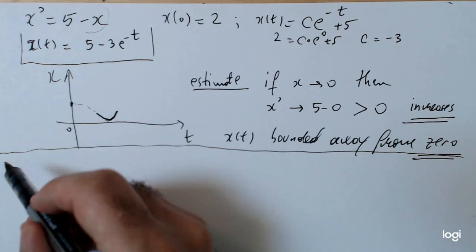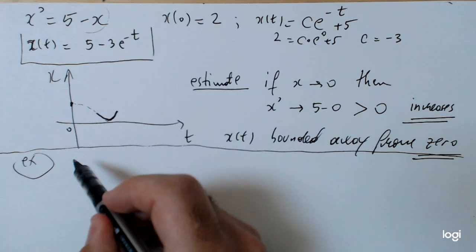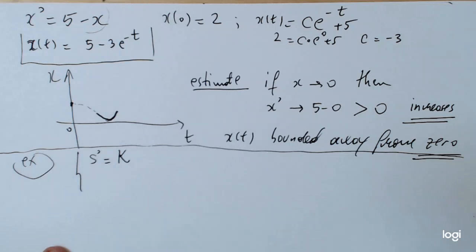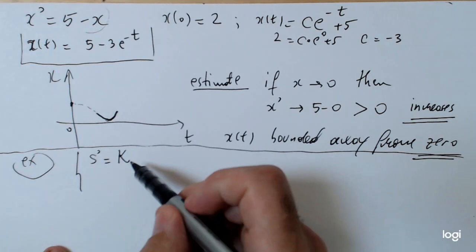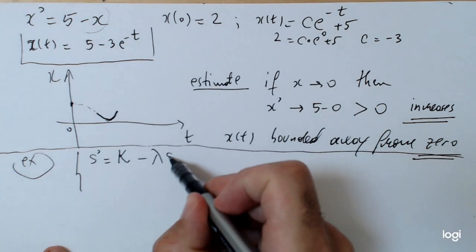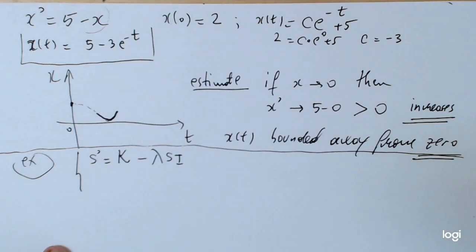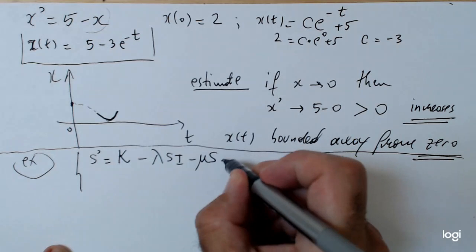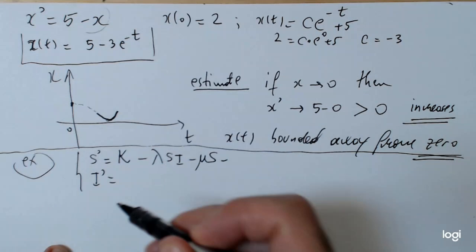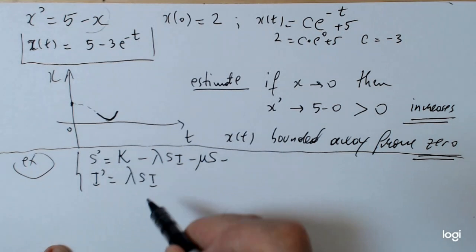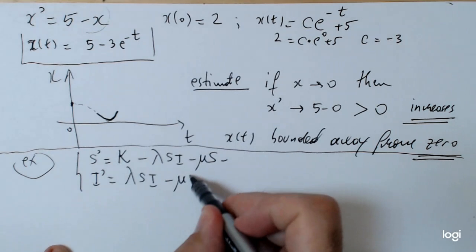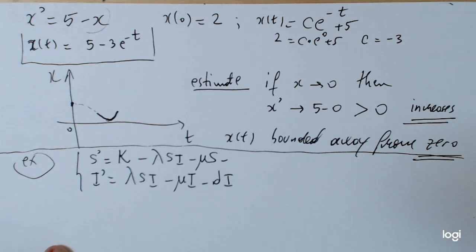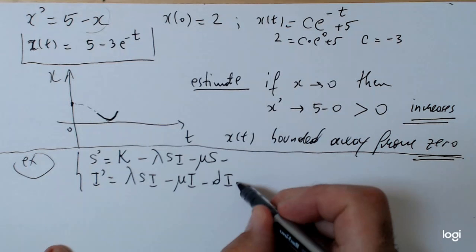Suppose, for instance, you have an epidemic model in which the susceptible class has a constant input of the population, let's call it K. Then we have the infection rate, mortality rate, and then the infected class: lambda S I minus mu I, maybe some additional disease mortality, let's call it D I, and maybe some recovery.